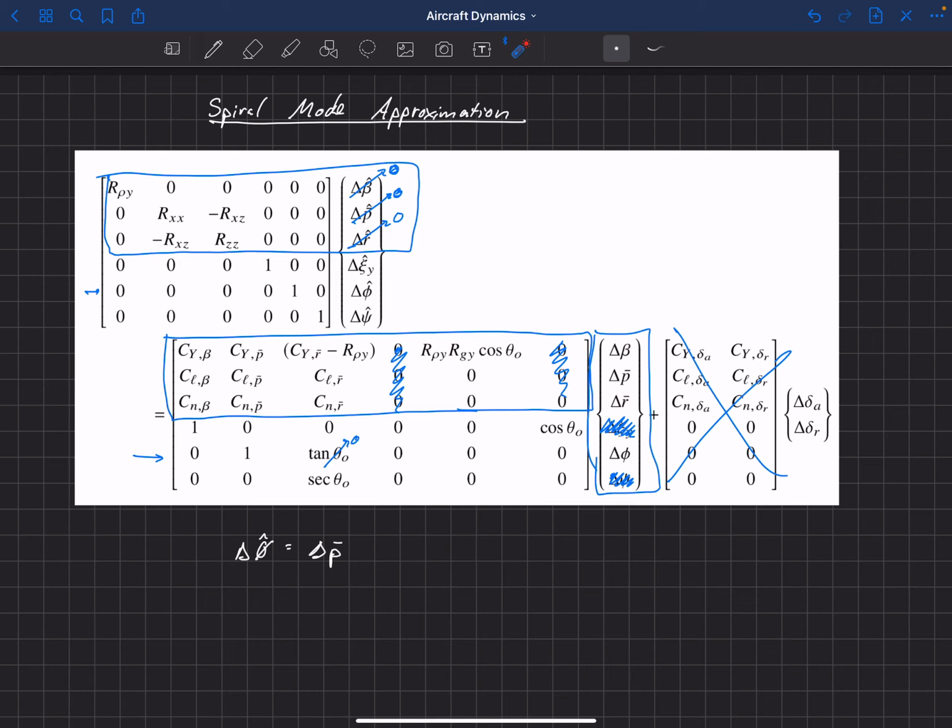What he says is that you can work through this to get an equation that looks something like this.